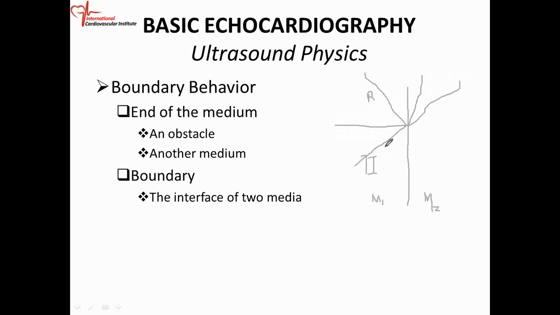So when this incident wave comes here, a portion is going to go through to the second medium. So it's going to be transmitted. So this is your reflected wave.